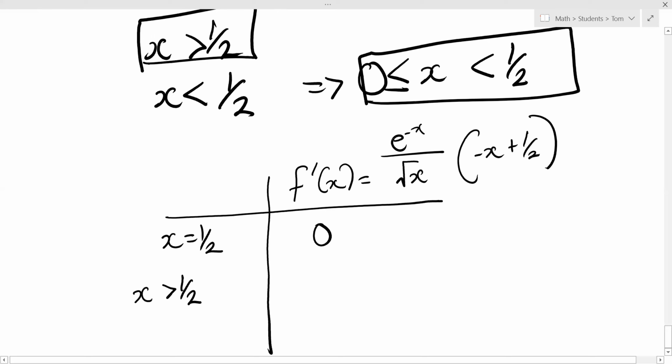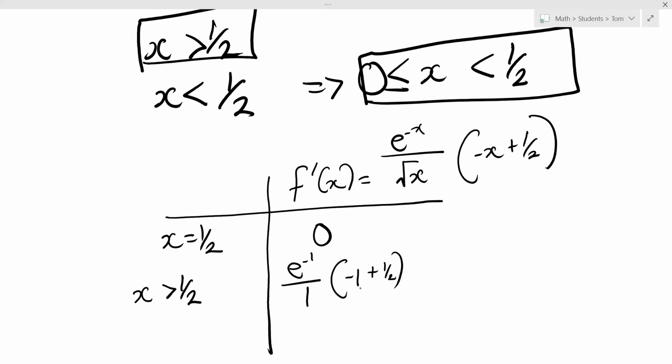I will use mine. I'll use my x as 1. So this will be e to the power of negative 1 over root 1, bracket negative 1 plus half. I'm going to put that in my calculator and tell you what I get.